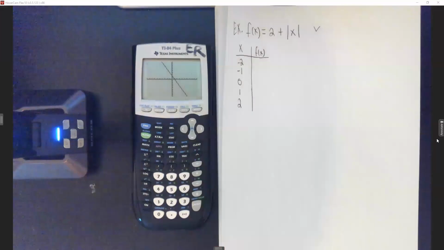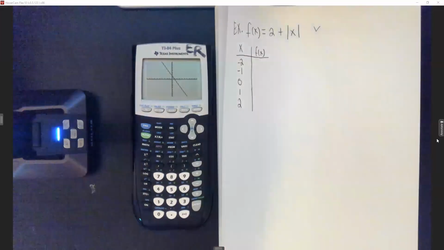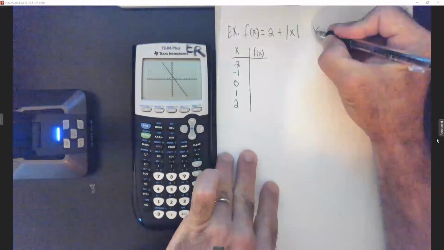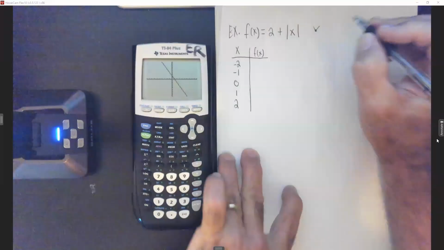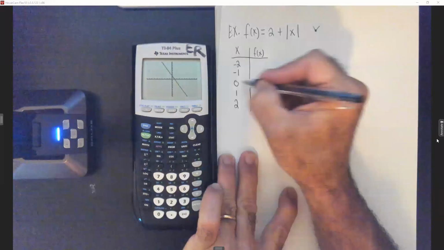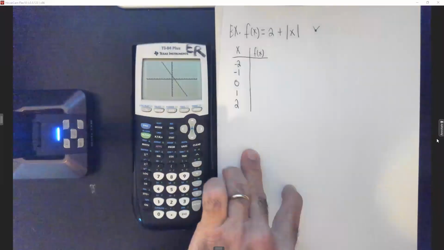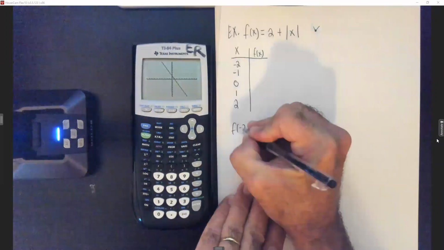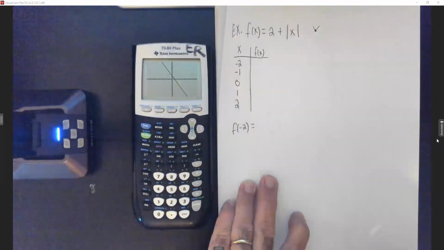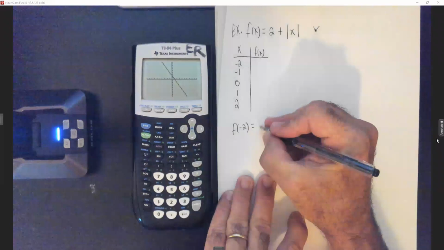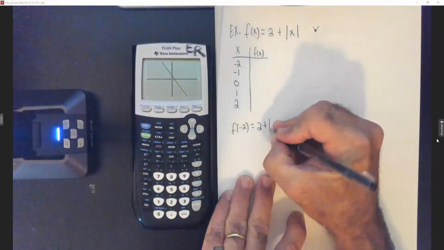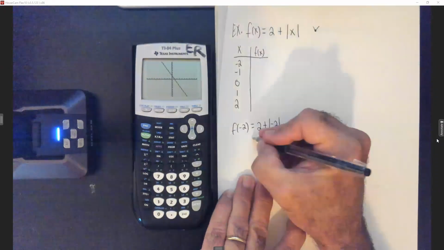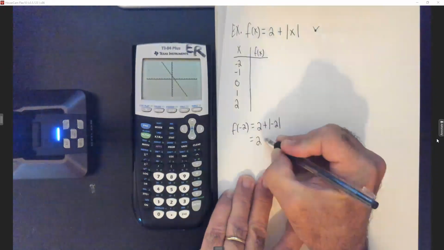So when we plot this in MATLAB, we always want to start with that bottom point, which will be the middle number here, where the 0 is. All right, so let's find f of negative 2. F of negative 2 is going to be 2 plus absolute value of negative 2. Bring this 2 down.